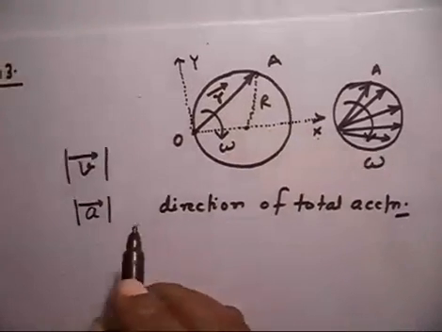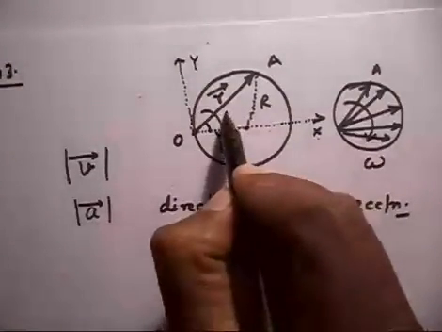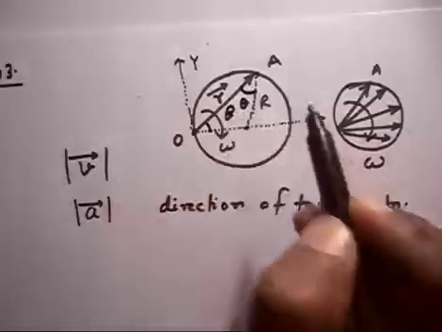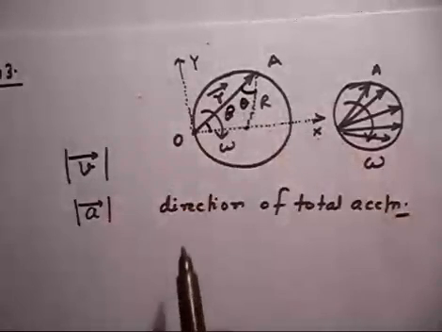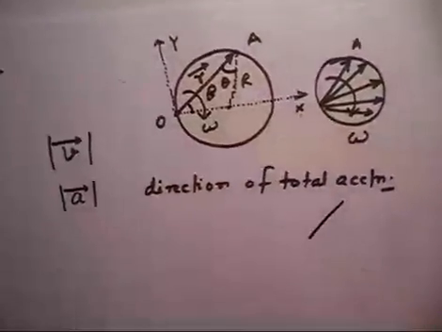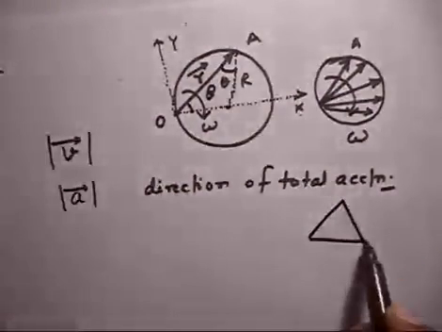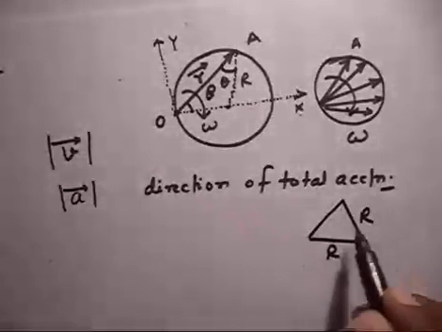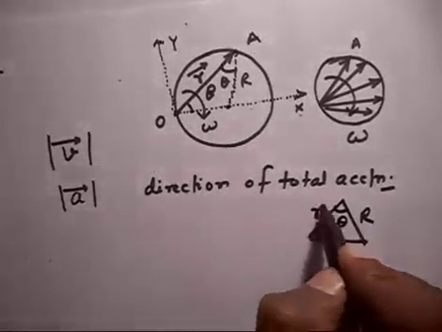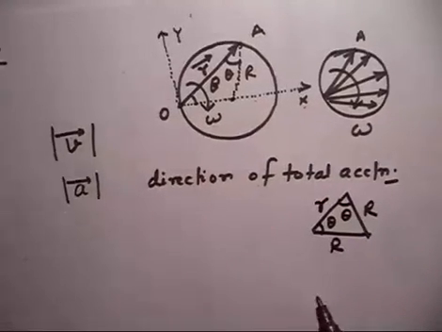Let us say this angle is theta. This angle has to be equal to theta, because this is R and this is also R. This angle is theta, this angle is theta, and this distance is r.